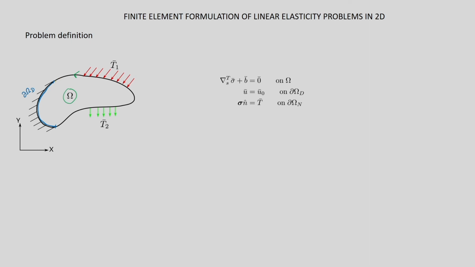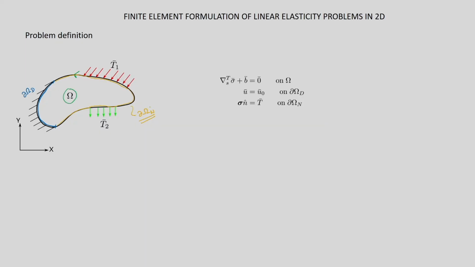So, as you see, in this part of the boundary there is no force, in this part some traction is specified, in this portion some traction is specified, and in the other portion again there is no force. So, the entire boundary apart from this Dirichlet boundary we will refer as del omega n. That refers to the Neumann boundary. Where the forces or tractions are not applied, those basically correspond to homogeneous Neumann boundary, and wherever it is specified it is the non-homogeneous part, but the whole boundary we will refer as del omega n.